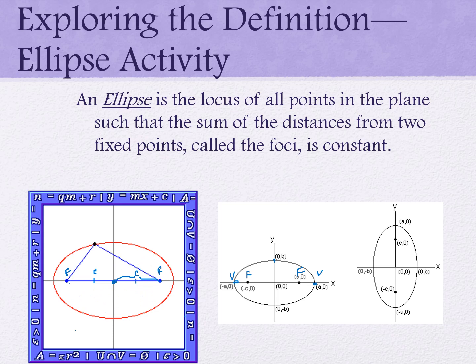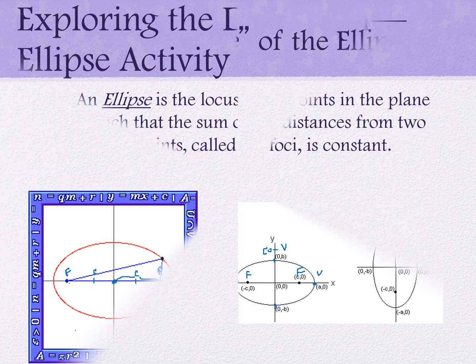Some textbooks refer to these as the co-vertices, sort of co-workers. They're not quite the major vertices. The ellipse can be situated horizontally, as in the first and second diagrams, and the third diagram is situated vertically. Its major axis is the longer axis, and that determines the way it's situated.